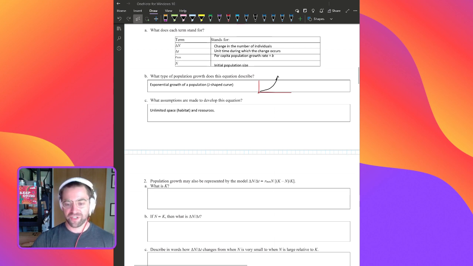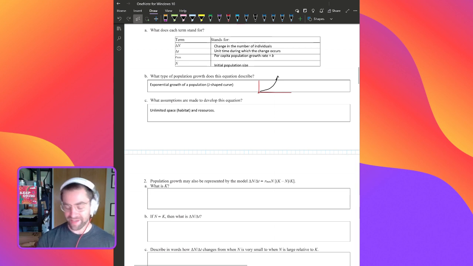All right, so population growth may also be represented by the model delta N over delta t equals r max, again our per capita population growth rate, times N, the initial population size, times K minus N, that quantity divided by K. What is K?